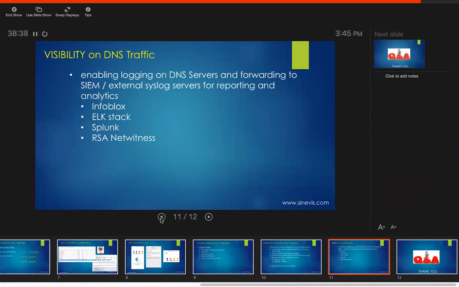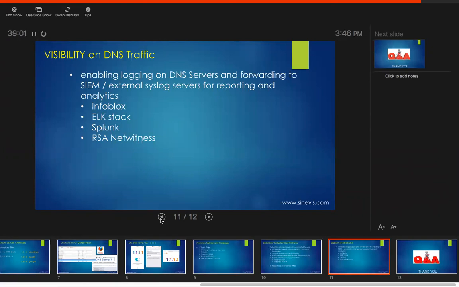If you're using a proprietary solution or an open source solution like a Linux BIND server or a Windows DNS server, we cannot store the logs on the server for long. So what we can do is enable remote syslog.